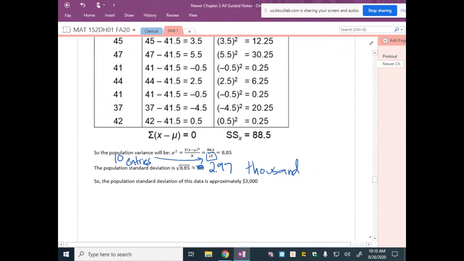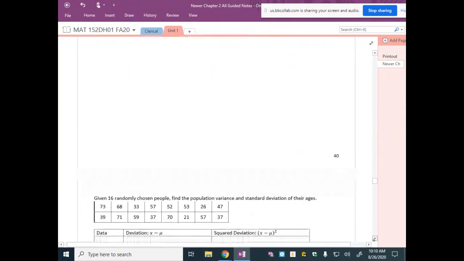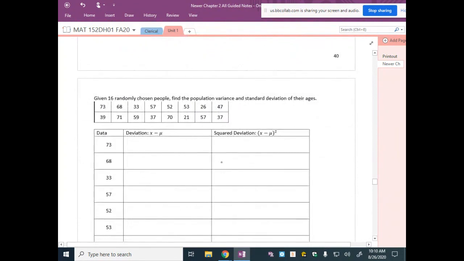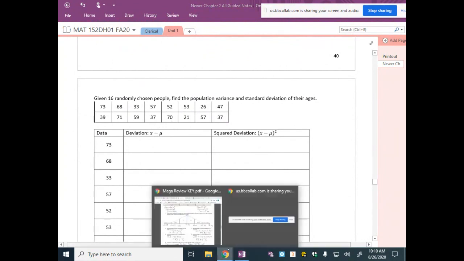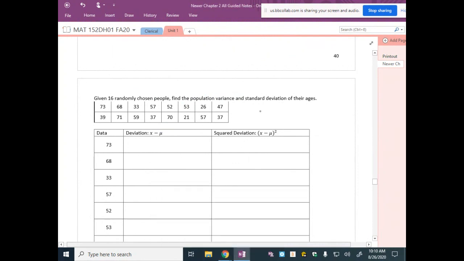So with that in mind, the first thing we need to do is find the mean. Whether it's a sample mean or population mean, they're going to be the same thing for purposes of our calculation.